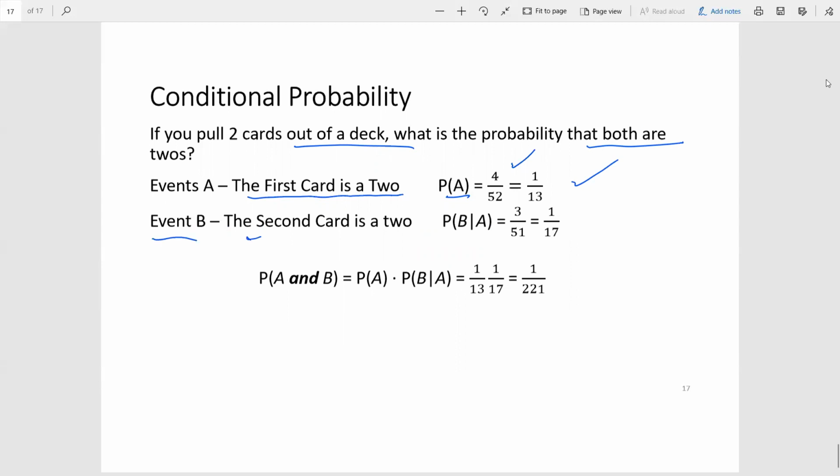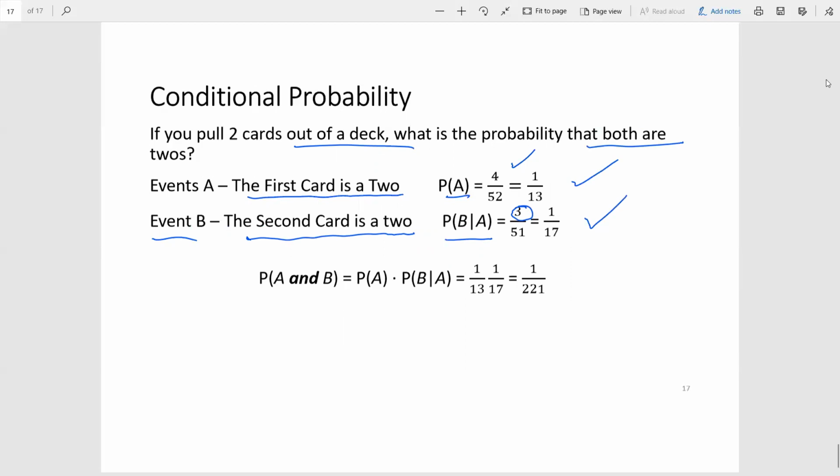The event B is the second card is a 2. The probability of B given that A occurred, notice that you've already pulled 1 two out. There are only 3 2s left. So the probability that the second card is a 2 is 3 out of 51, which is 1/17.